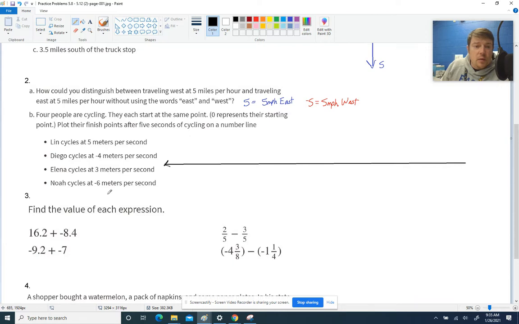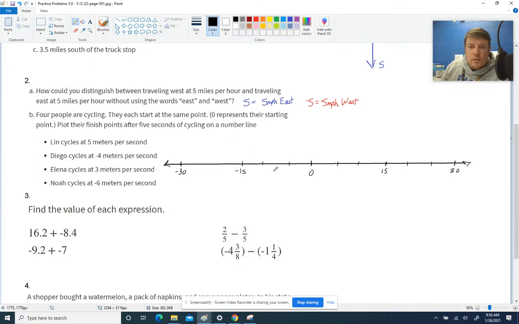So all of these are going to get multiplied by 5. So the biggest one I'll have is 30. So I need to make sure that I get 30 covered. So let's go 30 in each direction, positive and negative. And this would be negative 15, positive 15, and then 5 and 10, 20, 25.